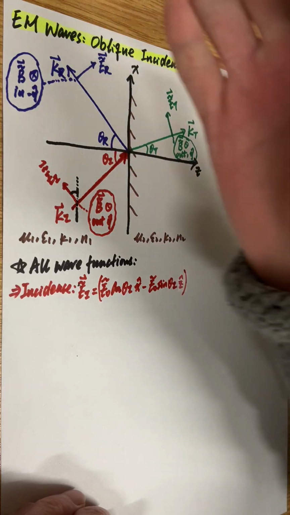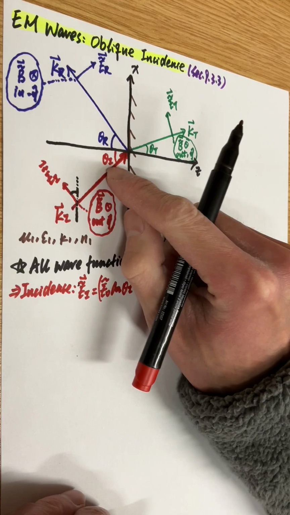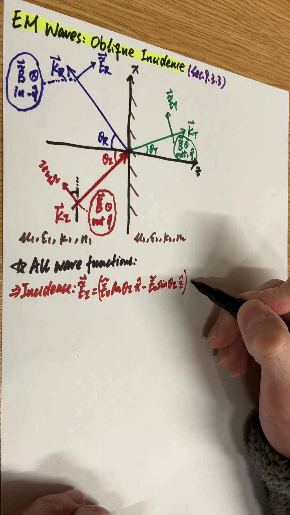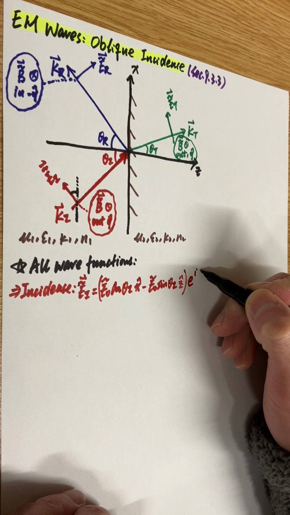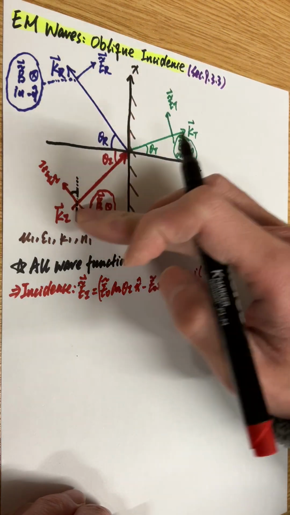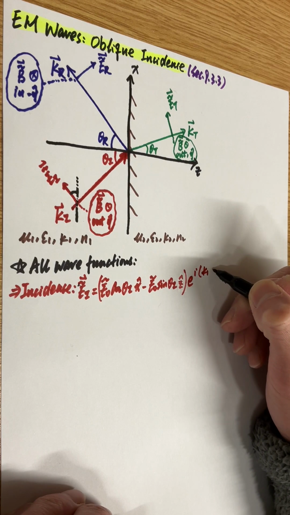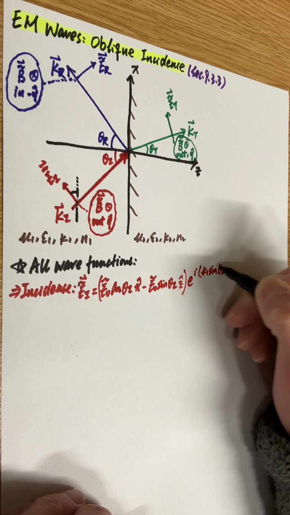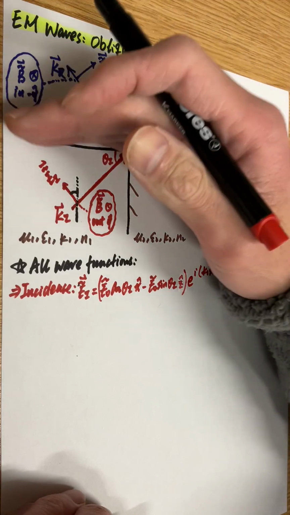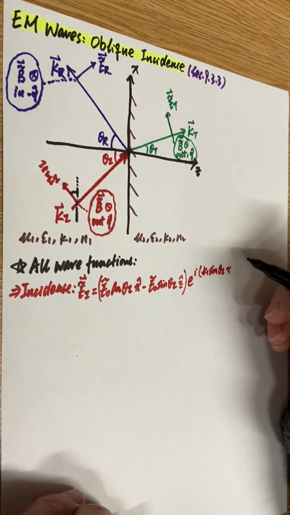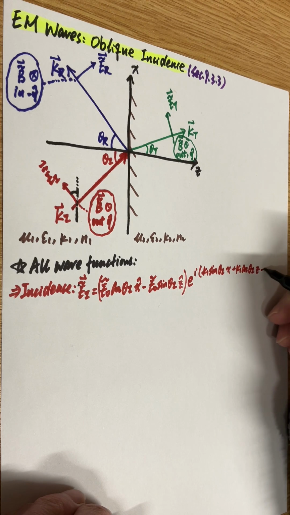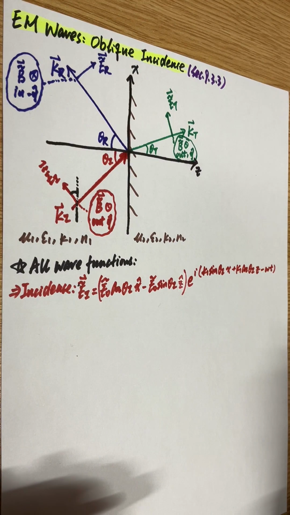The vertical component is kappa 1 sine theta I, and the horizontal component of this vector is kappa 1 cosine theta I. So now for the propagation function, I have E_I, and the x component is here: kappa 1 sine theta I x, and then the horizontal component is kappa 1 cosine theta I z, and then minus omega t. Okay.